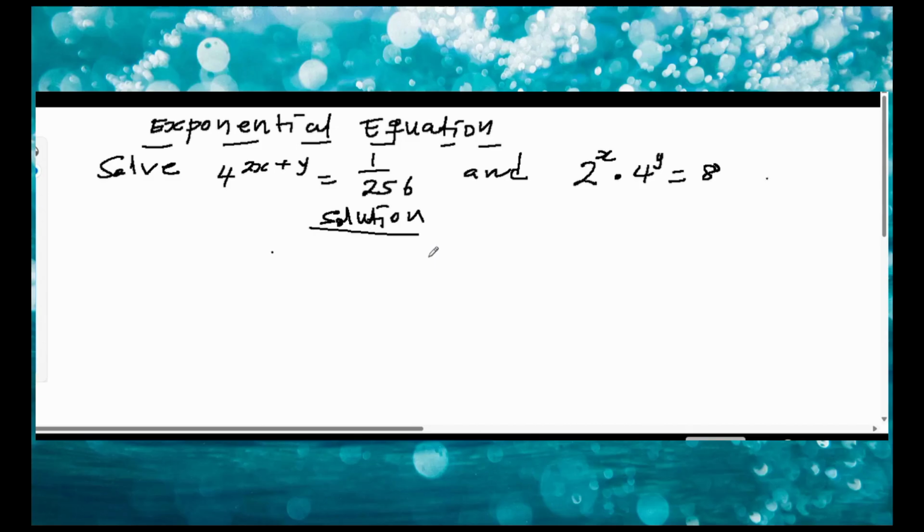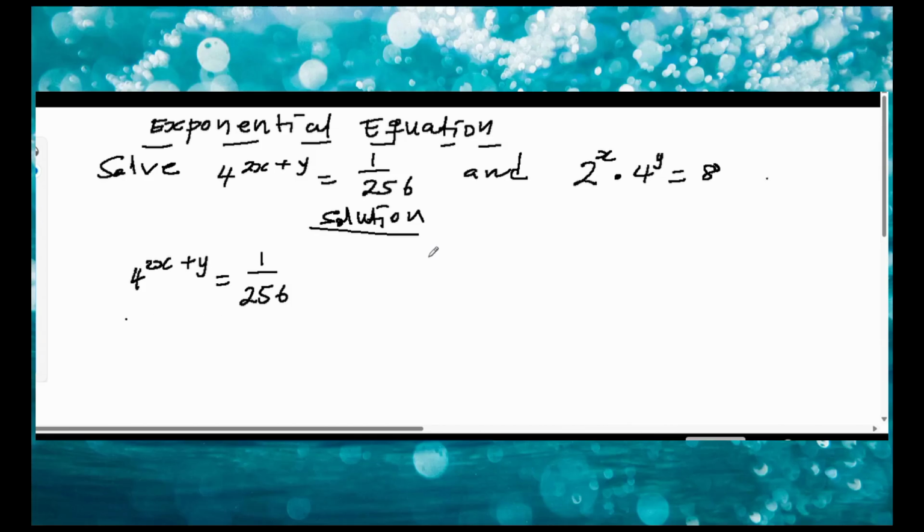We can solve these exponential equations simultaneously by first reducing exponential equations to linear equations. How's that done? Let us look here. Writing the first exponential equation, 4 raised to the power 2x plus y equal to 1 all over 256.